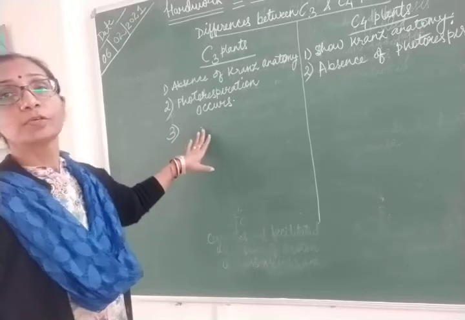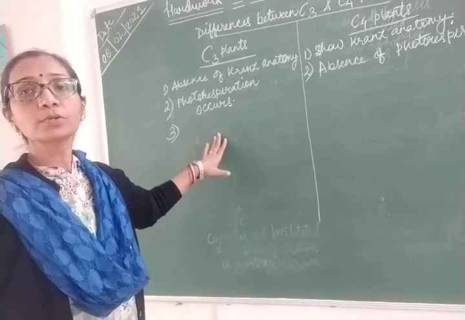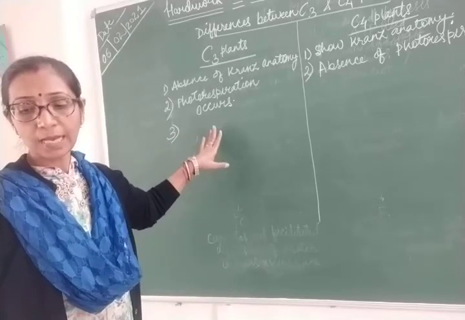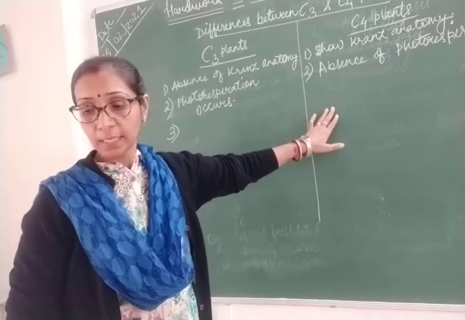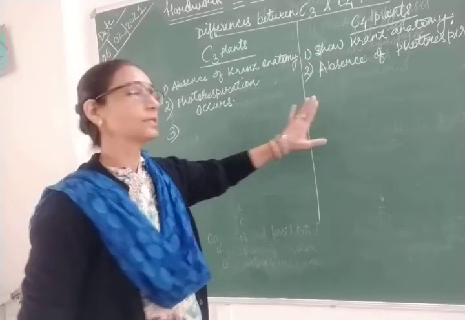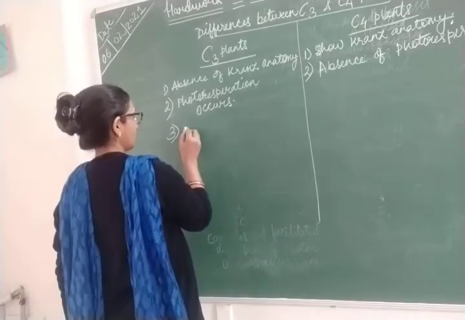In case of C3 plants, rubisco is the first acceptor of carbon dioxide, whereas in C4 plants, the first acceptor of carbon dioxide is PEP.